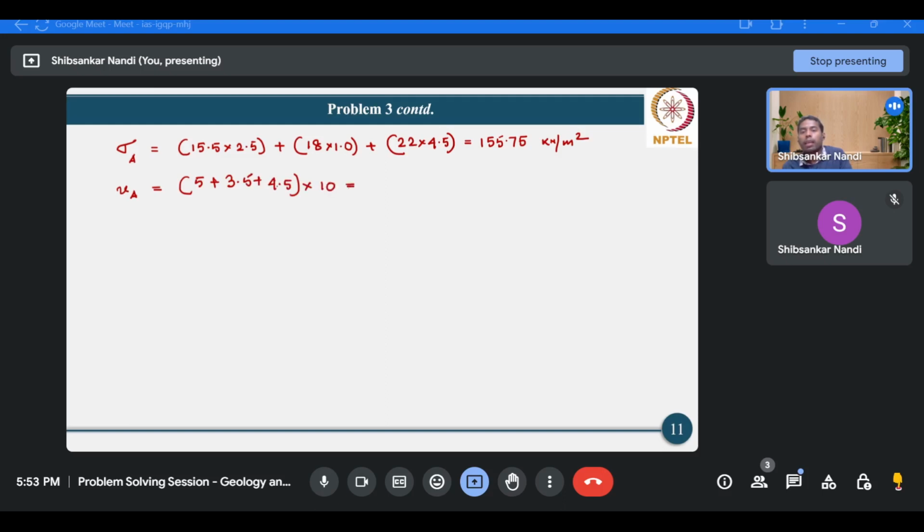So that means 8 plus 5, that is 13, into 10, that is 130 kilonewton per square meter. So obviously the effective stress would become 155.75 minus 130 equals 25.75 kilonewton per meter square, and this is the answer.